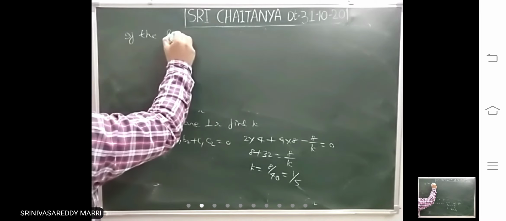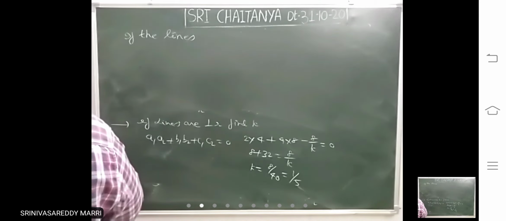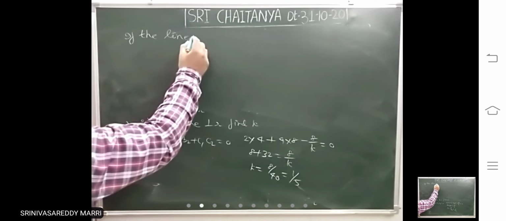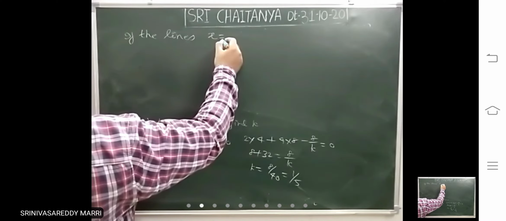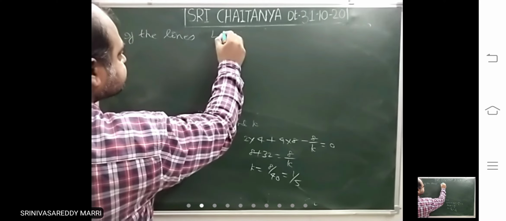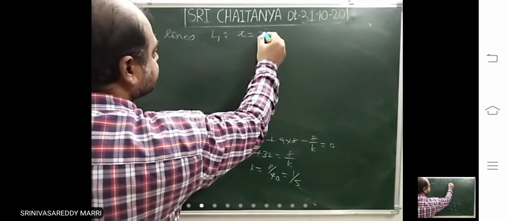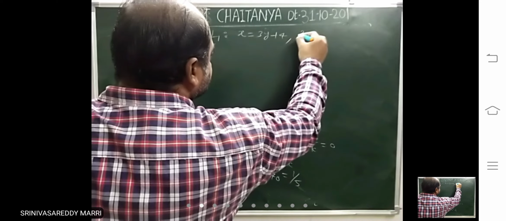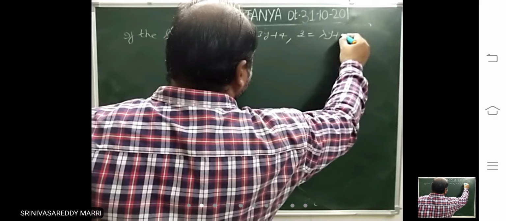If the lines, one line L1 is given like this: x equals 3y plus 4, z equals lambda y plus 4.